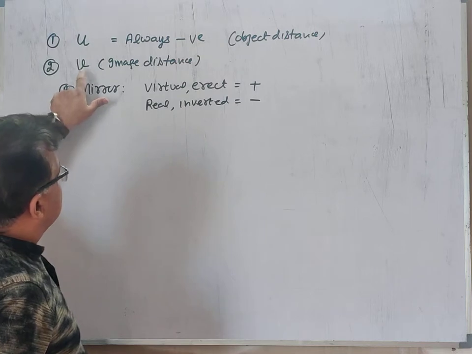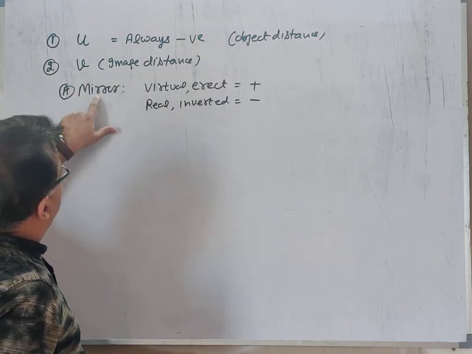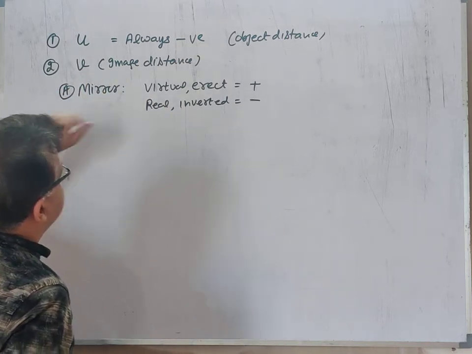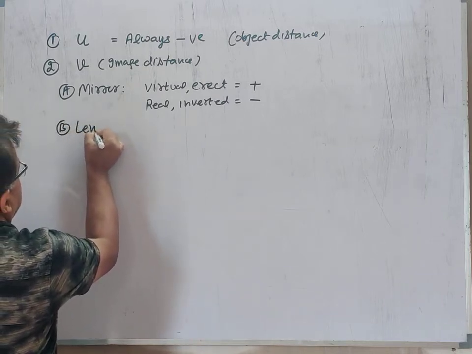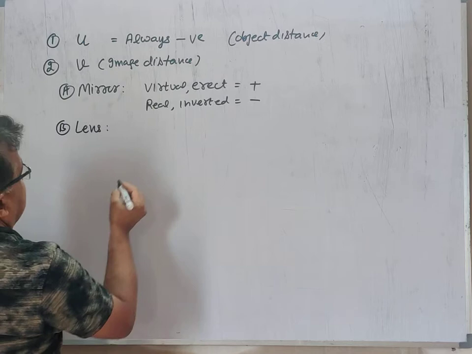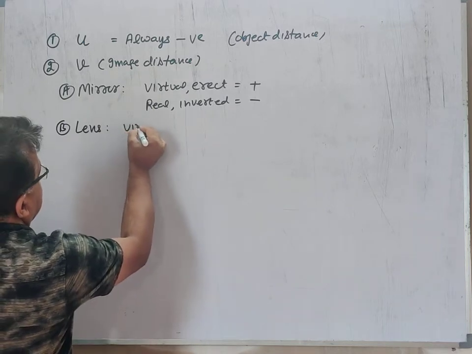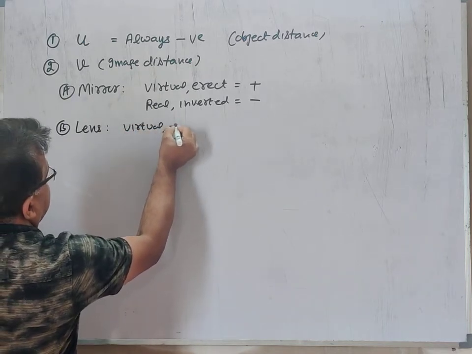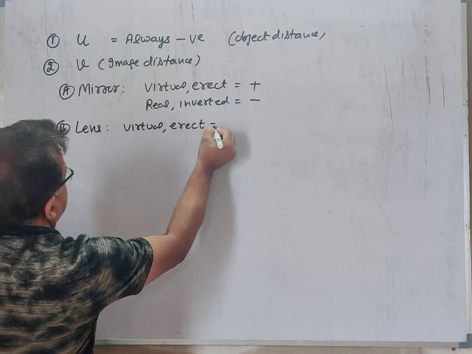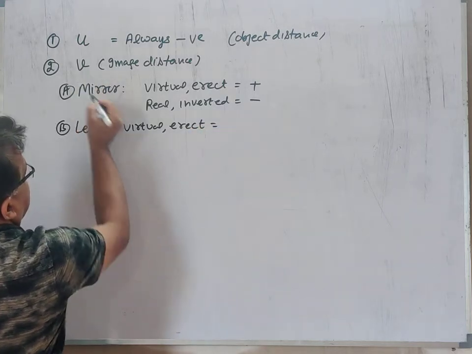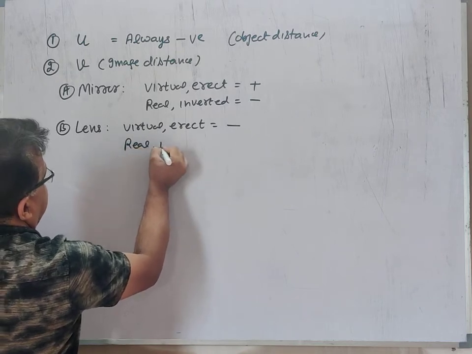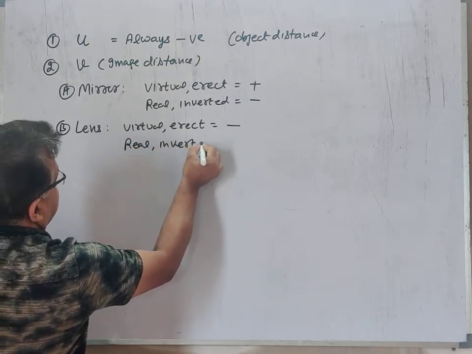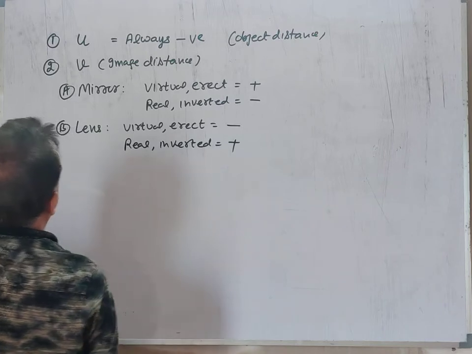V is negative for real and inverted image in a mirror, while in the lens it is opposite, that is for virtual and erect image in lens, v is negative. For real and inverted image it is positive.